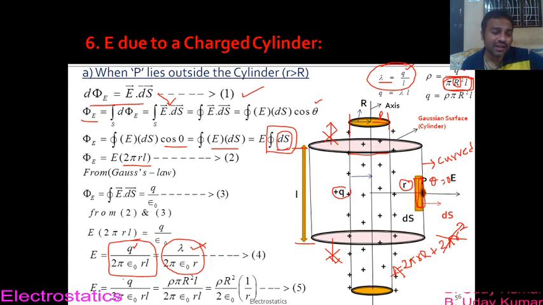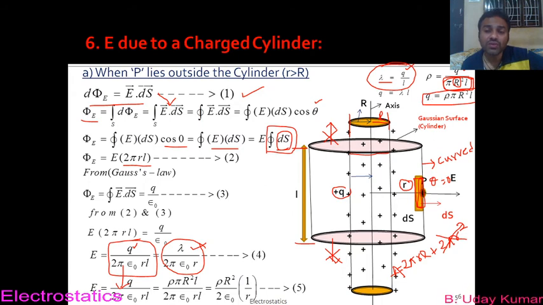Similarly, I can derive the electric field intensity in terms of rho also. From this equation, E is equal to q by 2 pi epsilon 0 RL. But you know the formula which gives a relation between q and rho.